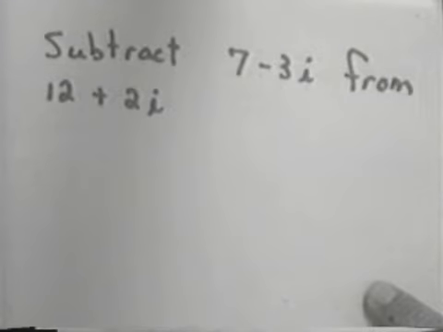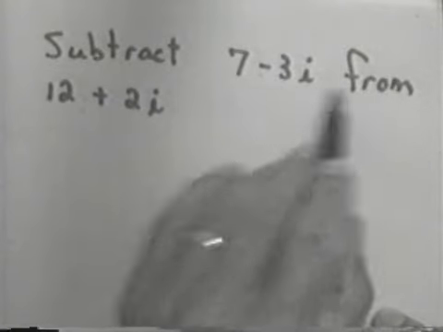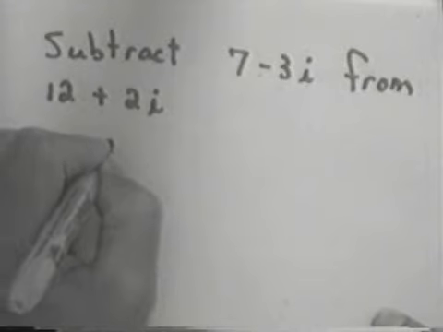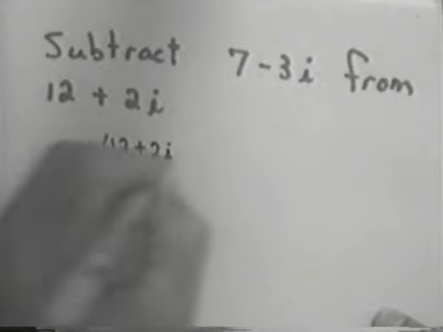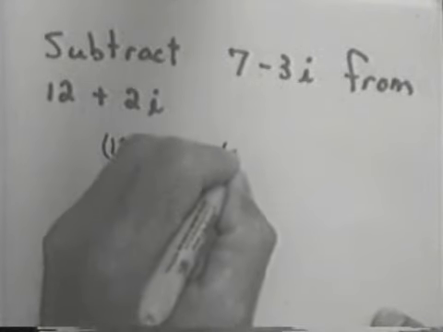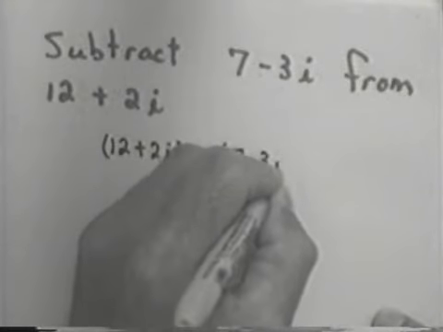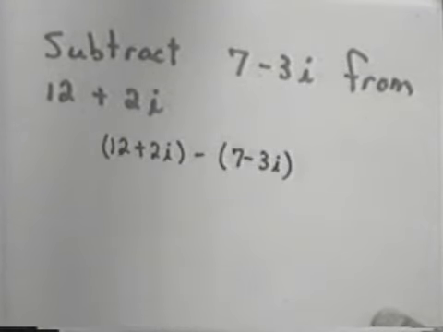Let's look at a subtraction problem. Let's subtract 7 minus 3i from 12 plus 2i. So I'm taking 7 minus 3i away from 12 plus 2i. So we have 12 plus 2i subtract 7 minus 3i.